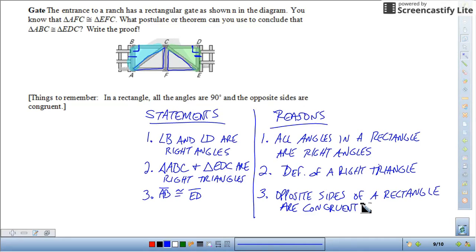Like I said, we're going to need to figure out some more information to be able to complete this proof. So let's go back to that given that triangle AFC was congruent to triangle EFC.